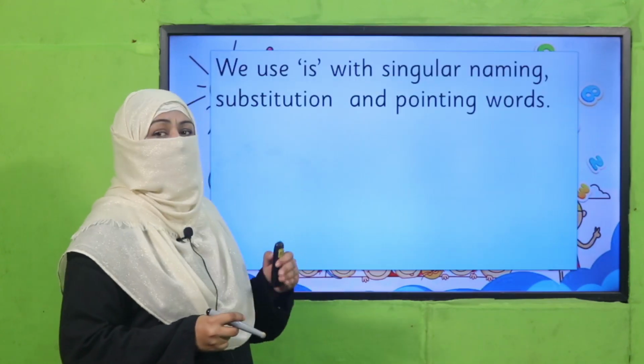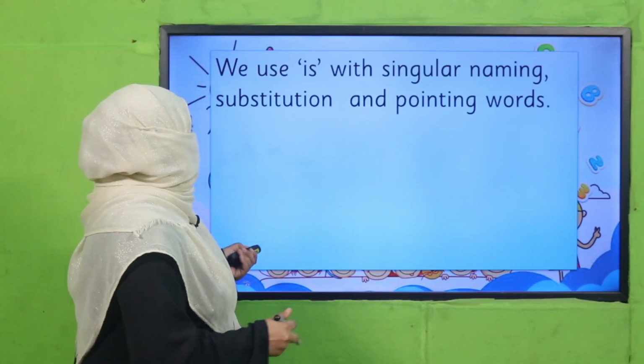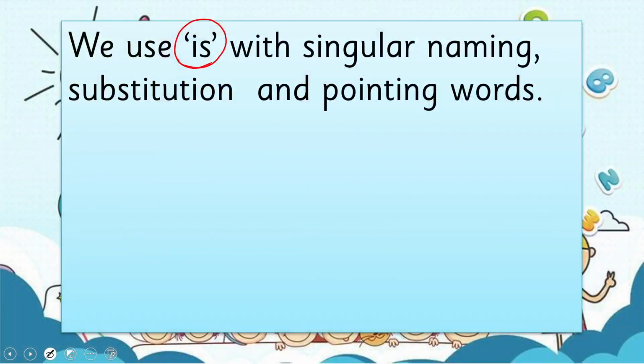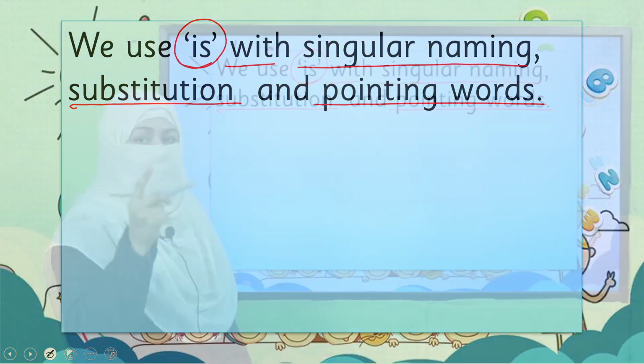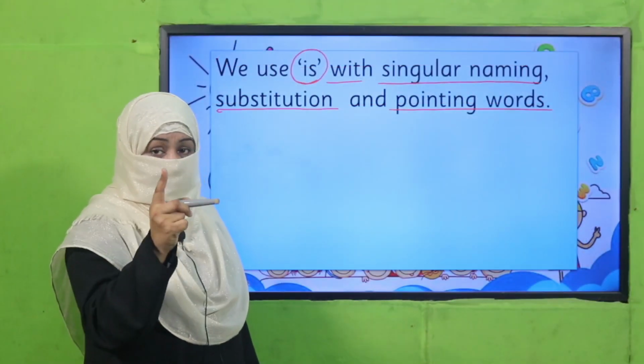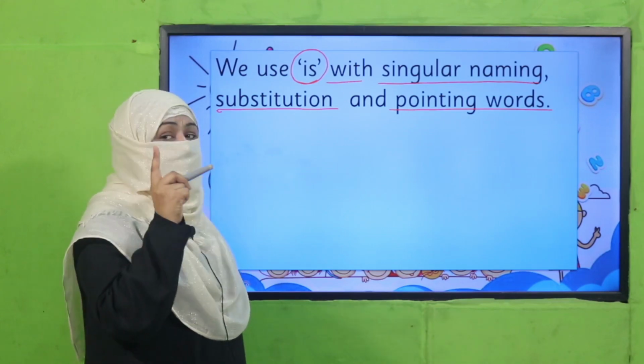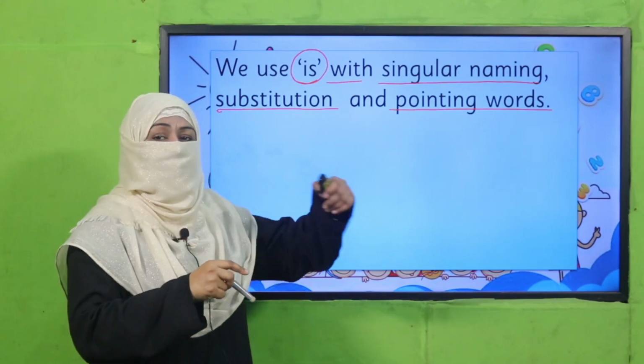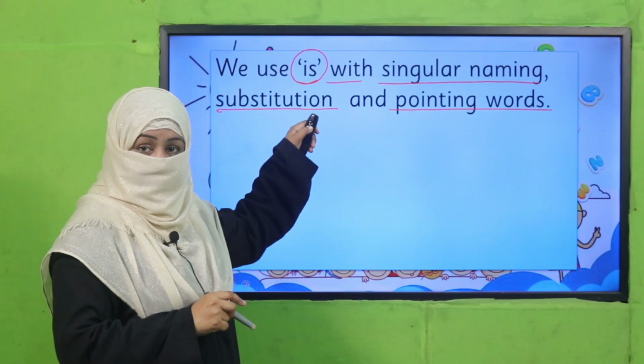And after that, we add things. So we use is with a singular naming word or substitution word or a pointing word. So what is the point? Whenever you are using a singular naming word or singular substitution word or singular pointing word, after that you will use is.